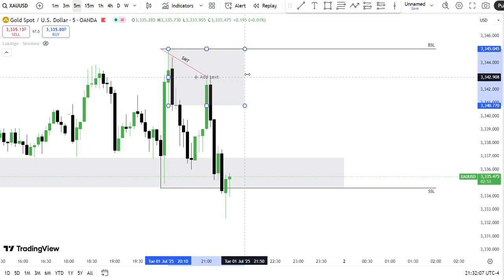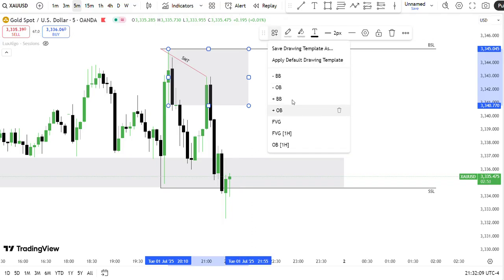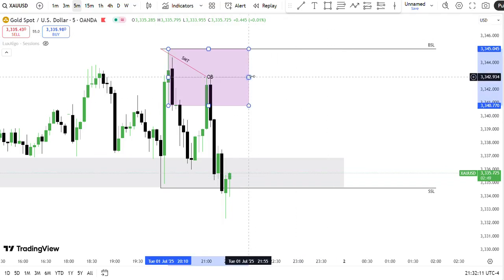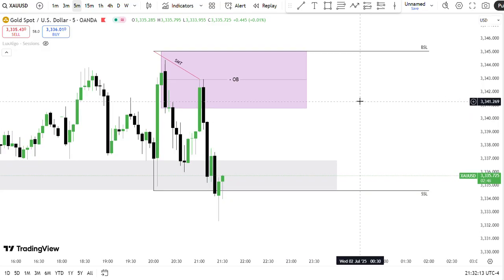There is the order block, the bullish OB. Okay, right? Higher time frame PD array in 5 minutes. In 1 hour, we are analyzing the chart in 1 hour. So our PD array should be marked in 5 minutes or 15 minutes. So that's not a problem.